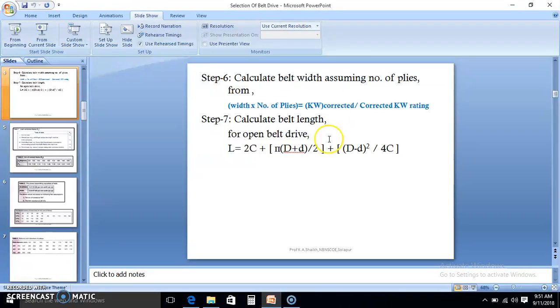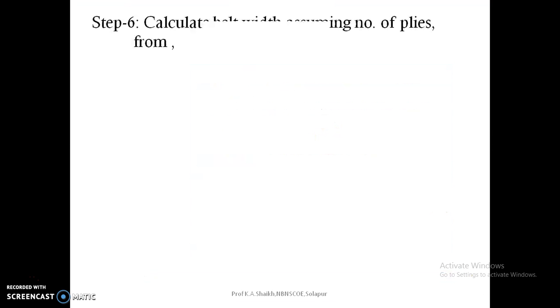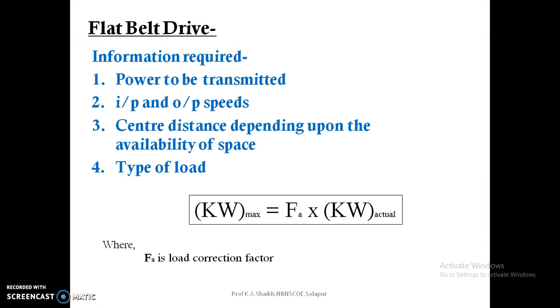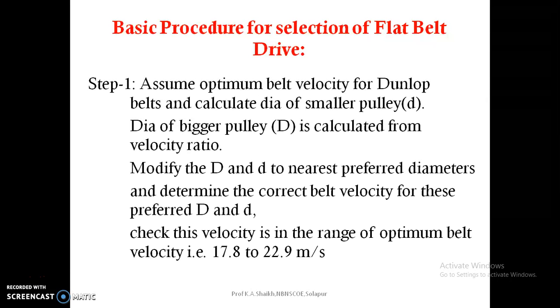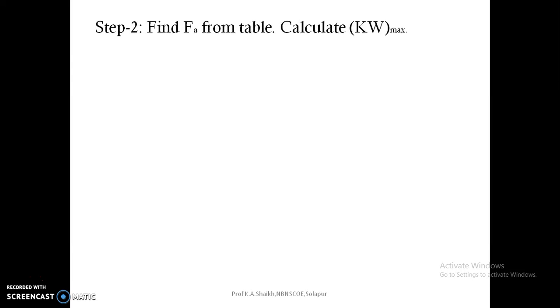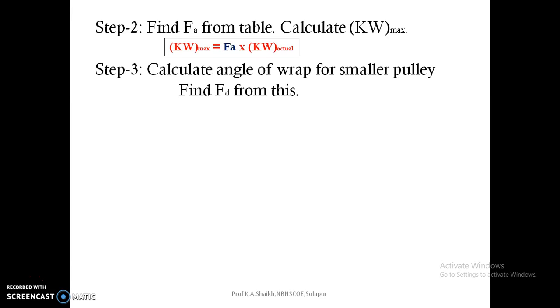Understood? So if I revise, in step number 1 we are calculating the diameters and the corrected belt velocity. In step number 2, we are finding the kilowatt maximum by selecting FA as the load correction factor from the table. Then we are calculating alpha S. For that alpha S angle of wrap, we are determining FD from the table.